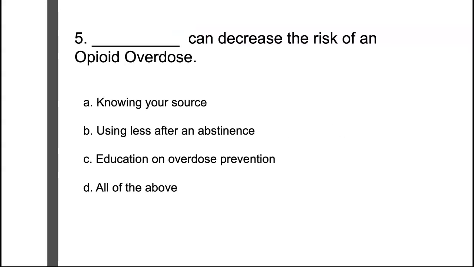Blank can decrease the risk of an opioid overdose. Knowing the source, using less after an abstinence, or education on overdose prevention. All of the above. If that's what you guessed, you're correct.